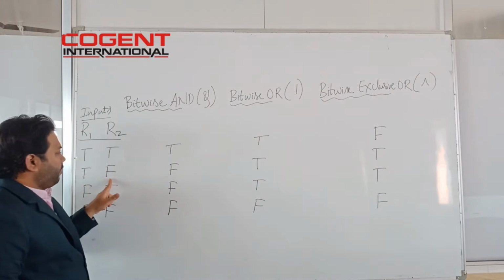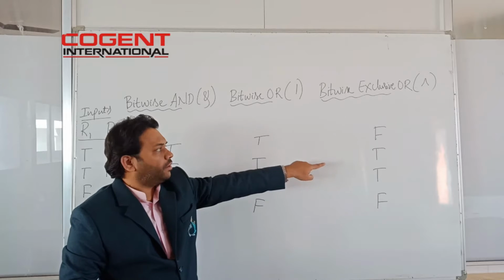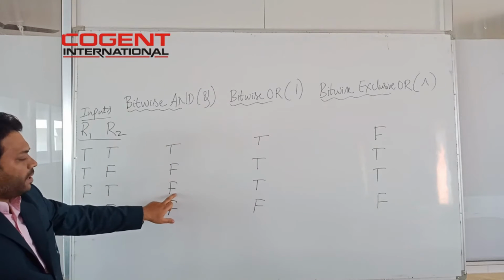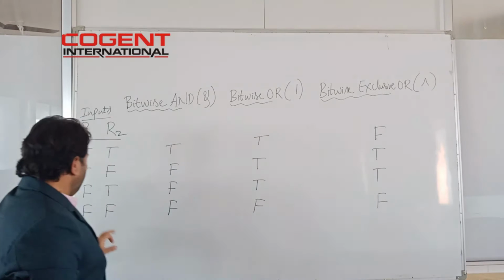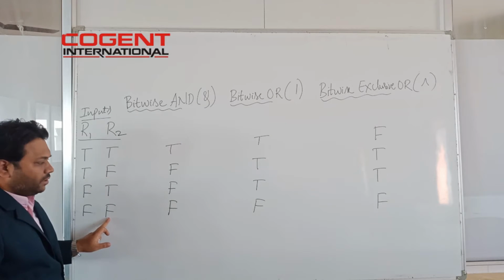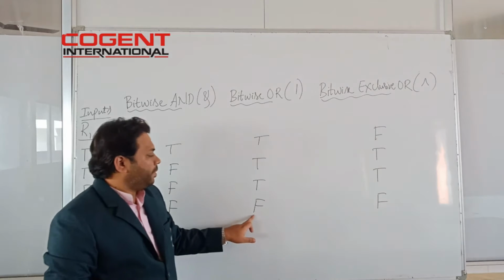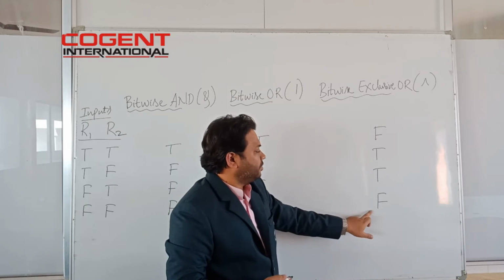Then true and false: false, true, true for the exclusive OR. Then false and true: false, true, true. Then false, false: if two inputs are false, then bitwise AND will be false, bitwise inclusive OR will be false, and bitwise exclusive OR will be false.